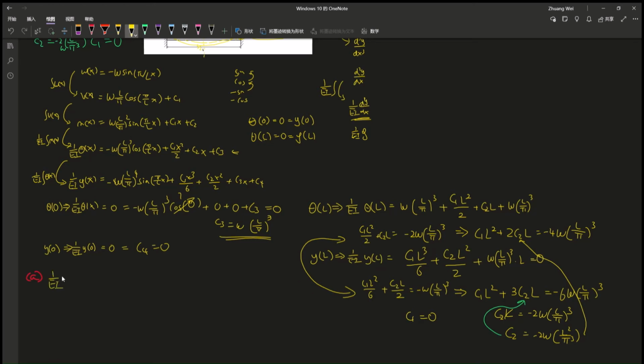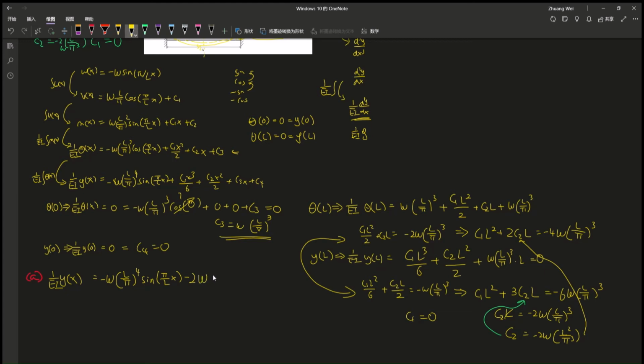So EI y(x) equals W L over pi to the power 4 sine of pi over L x. Times C1 is 0, so that's perfect. C2, on the other hand, is a number, so it's negative 2. Oh, okay, I've got to rephrase it.